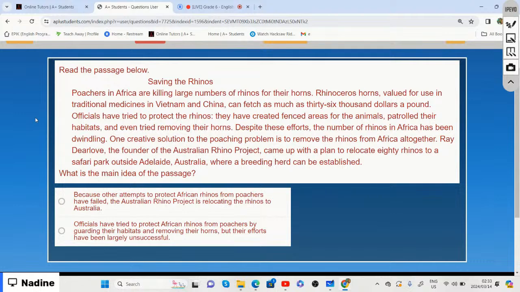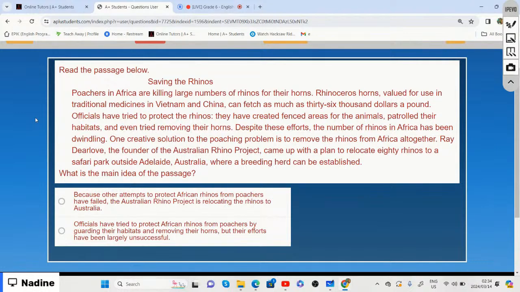So that is how they are planning on saving the rhinos: relocating them all to Australia, where they have a rhino project, to do a safari park outside Adelaide, which is in Australia. They think that is going to avoid the situation where the rhinos are being poached for their horns.